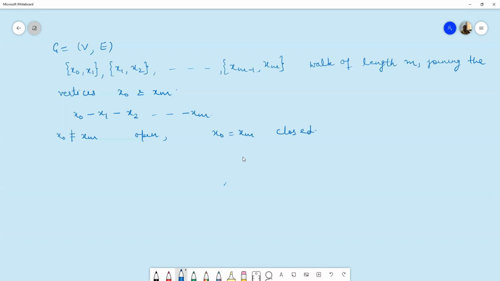Now in this walk we have used m edges, but this walk may have repeated edges. But if a walk has all its edges distinct, then it is called a trail.